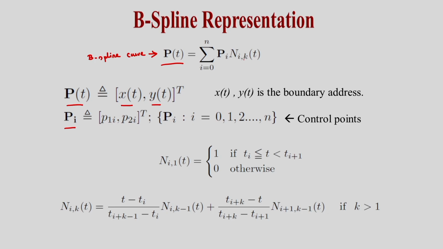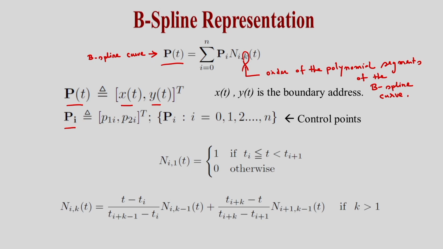So you can see here what k is. k is the order of the polynomial segments of the B-spline curve. So this is the polynomial segment of the B-spline curve.